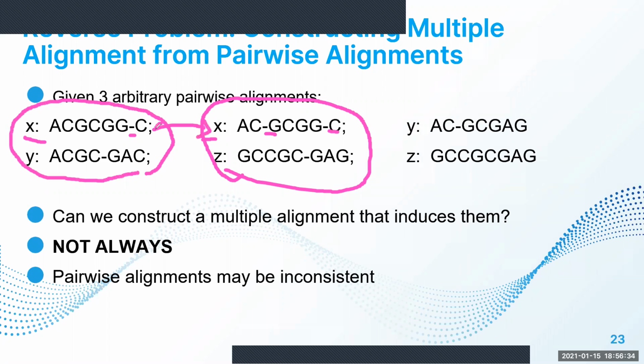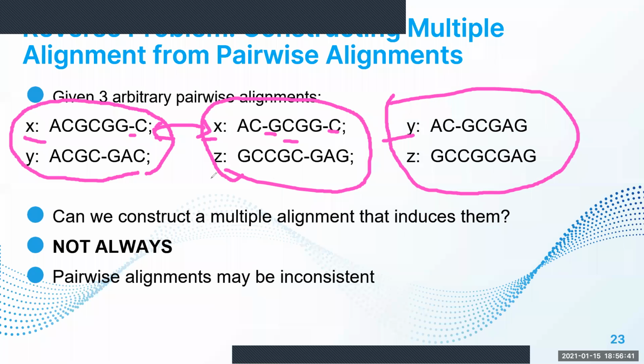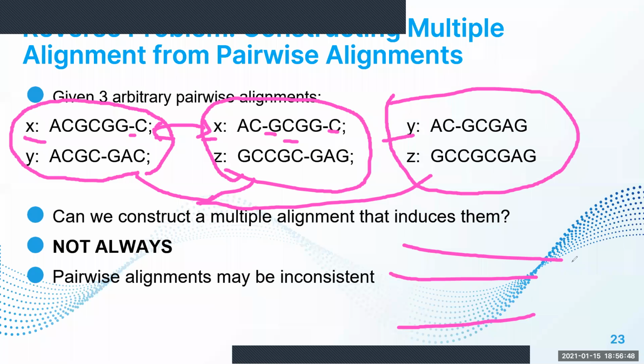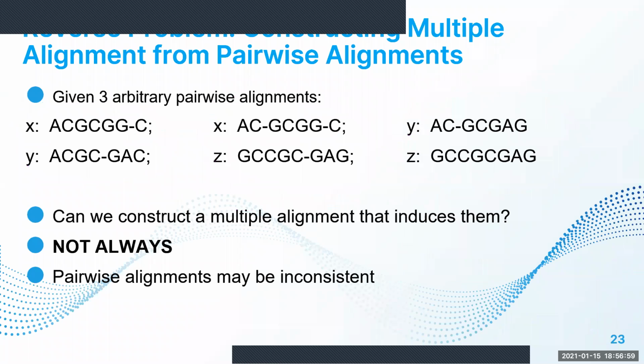If we can get the same alignment for all three pairwise alignments, then we can combine them and do the multiple sequence alignment of X, Y, Z based on these pairwise alignments. That's the basic idea. Sometimes it works, but we cannot always guarantee it works.